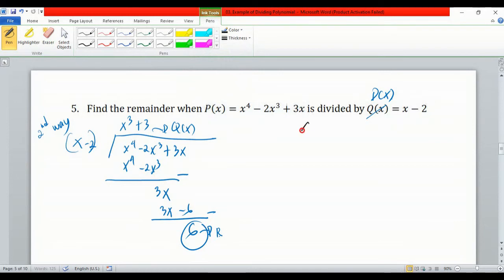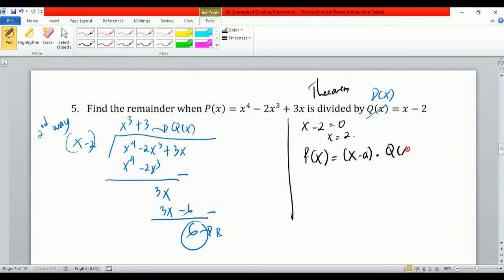Okay, because we have x minus 2, using the theorem we set it equal 0. So you will have x equals 2. So you need to put x here, p(x) equals (x minus a) times the quotient q(x) plus r(x), right?